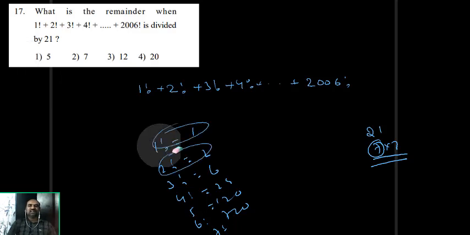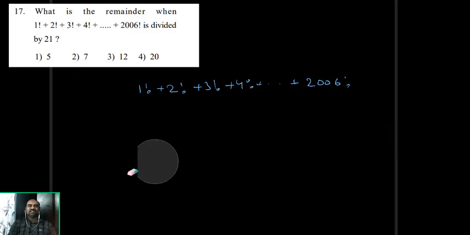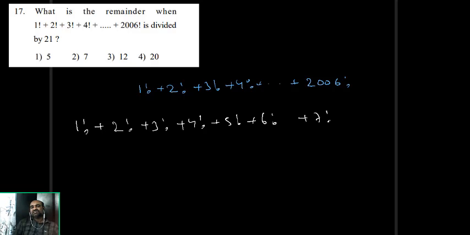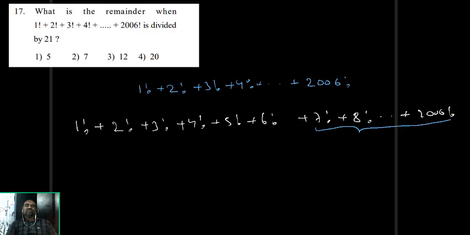Logically you need to find the answer. I will write it clearly: 1 factorial plus 2 factorial plus 3 factorial plus 4 factorial plus 5 factorial plus 6 factorial plus 7 factorial onwards, where 7 will appear, and so on up to 2006 factorial. Each of these is a multiple of 7, like 7 into 6 factorial, 8 into 7 into 6 factorial.